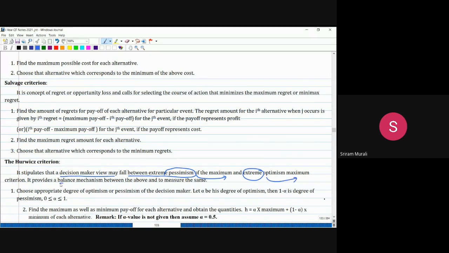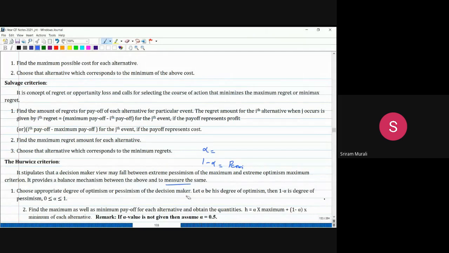So this is a balancing mechanism between the above two measures, that is extreme pessimism and optimism. See, alpha, if I say it is optimism, then 1 minus alpha, we say, is pessimism. Pessimism means the negative side, optimistic means the positive side. So this alpha always varies between 0 and 1. So choose an appropriate degree of optimism or pessimism for the decision maker.